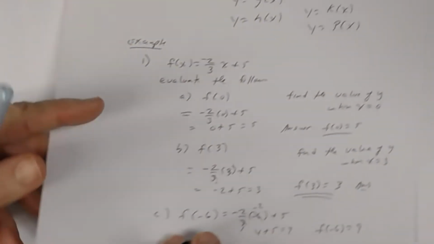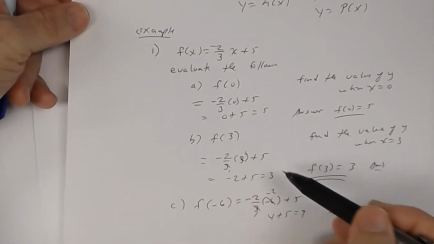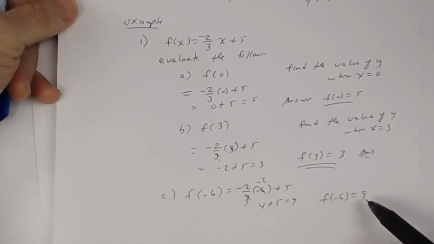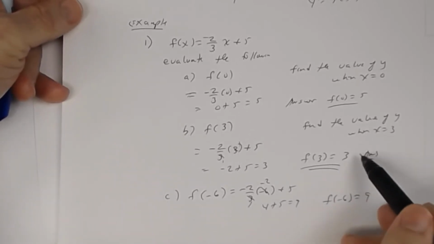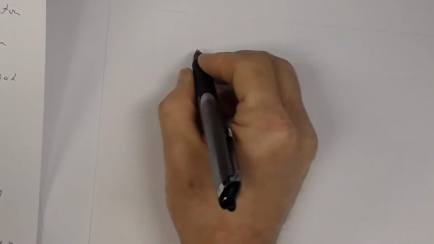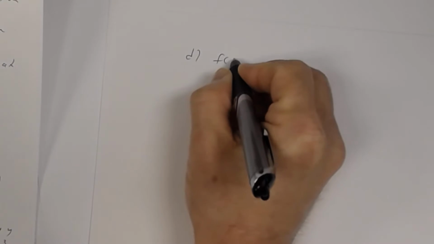Let's do D. I want to do D because I need to make sure you understand that you're not always going to get nice numbers like we have here, where f of negative 6 was a nice number, 9, and f of 3 was a nice number, 3, and so on. So let's find f of, let's say, 4.